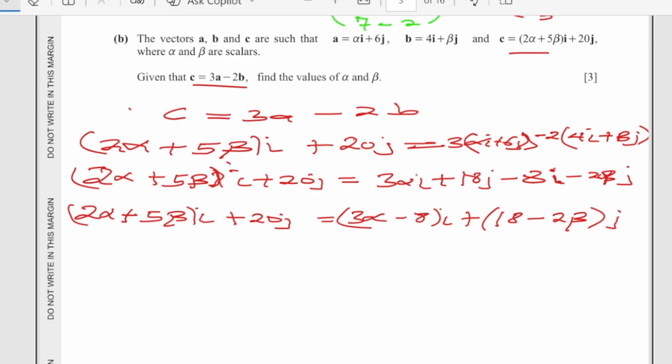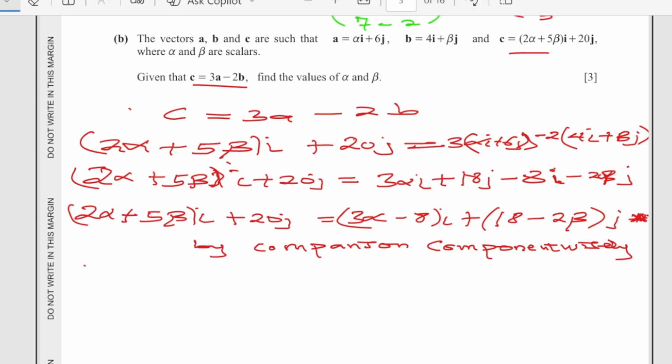Then by comparison, so this is a very unique equation, by comparison, let's say component-wise, means you compare the i column with the i column here, which is i-axis with the i-axis, then j-axis with the j here.